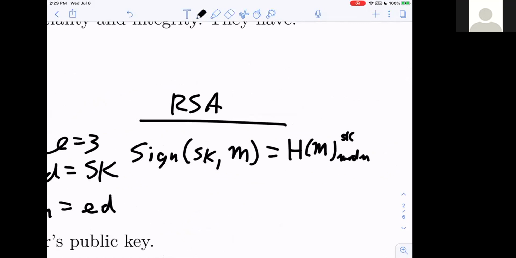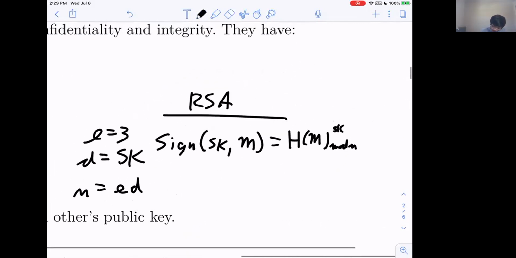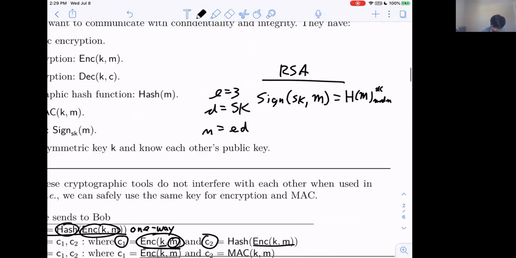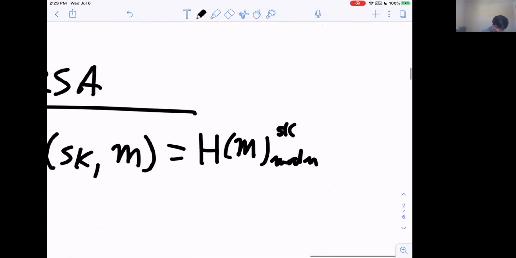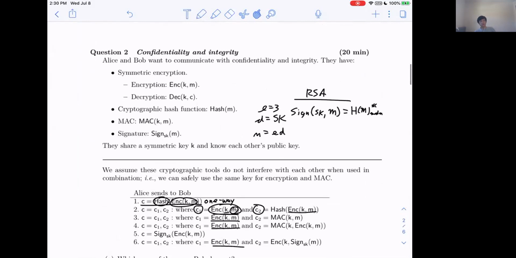Kind of, yeah. Right. So specifically for RSA, you wouldn't be able to reverse this sign function just because we hash it before we raise it to the power of our secret key. More generally, signatures don't allow you to get the message back as a whole.